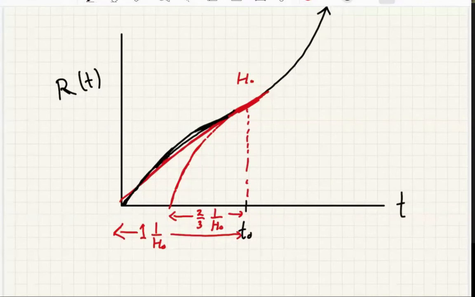Sorry if I didn't draw that real good. The actual age of the universe doesn't have to be 2/3 H naught. It doesn't have to be one Hubble time. It could be anything. But because both of these effects happen, let's say by accident, to be fairly comparable, the actual age of the real universe happens to be approximately one. What is it? I don't know, 0.98 Hubble time, age of the universe.